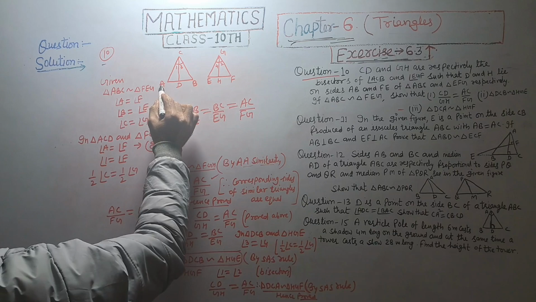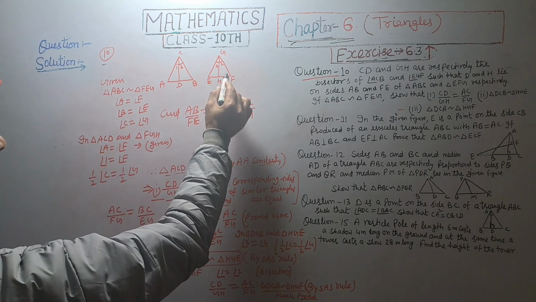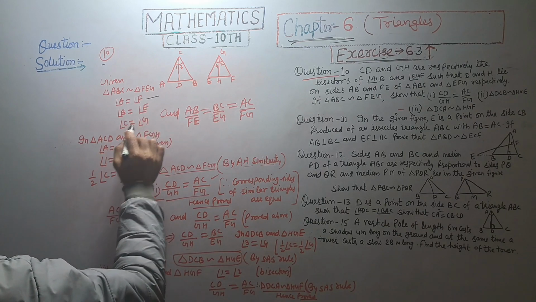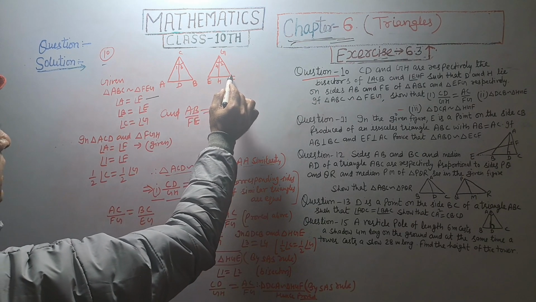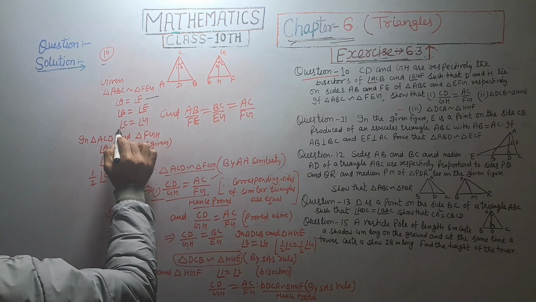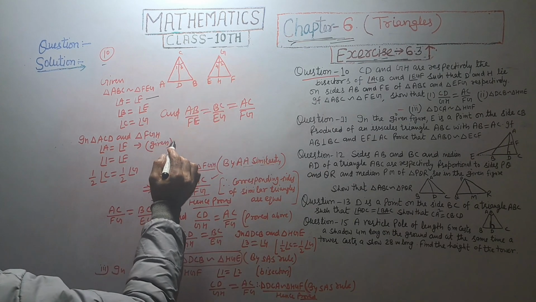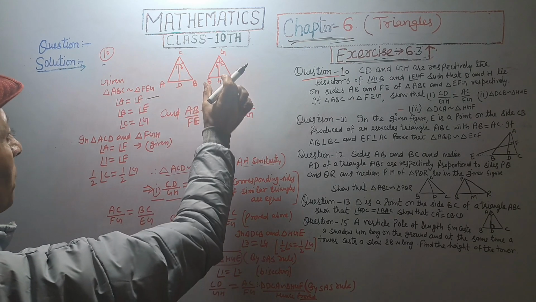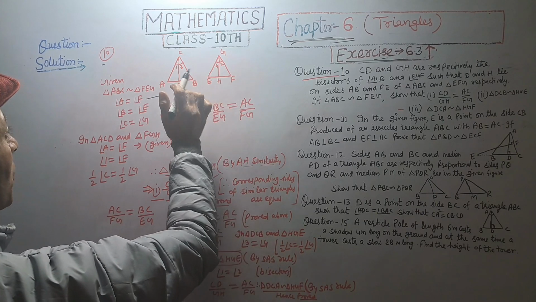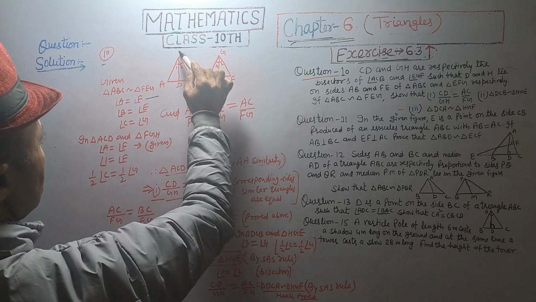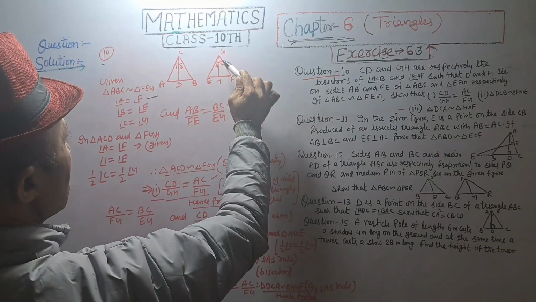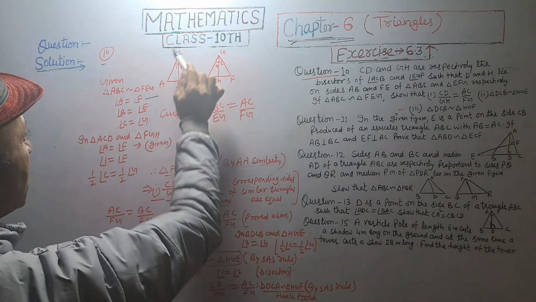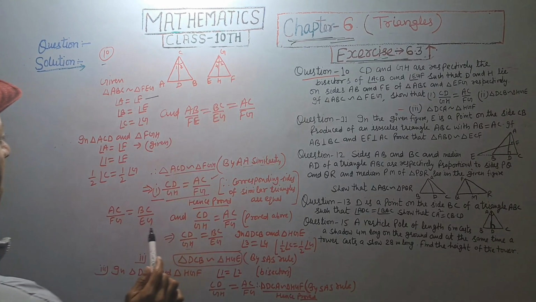Angle A is equal to angle F, angle B is equal to angle E, angle C is equal to angle G, then AB upon FE is equal to BC upon EG, that is equal to AC upon FG.